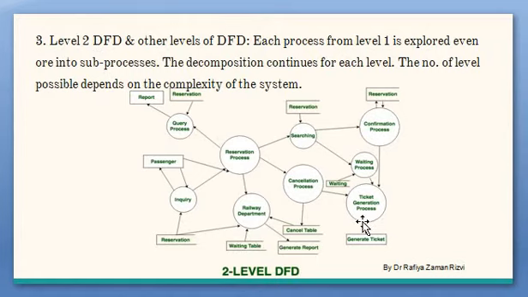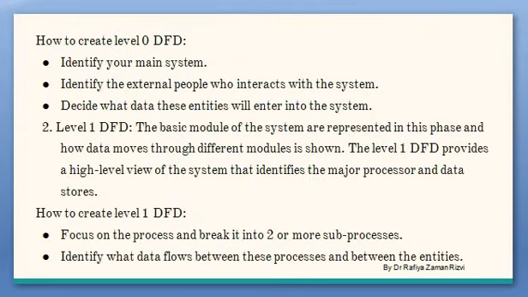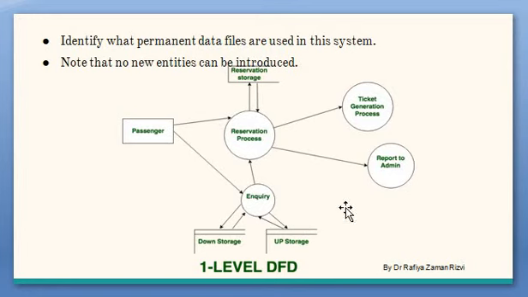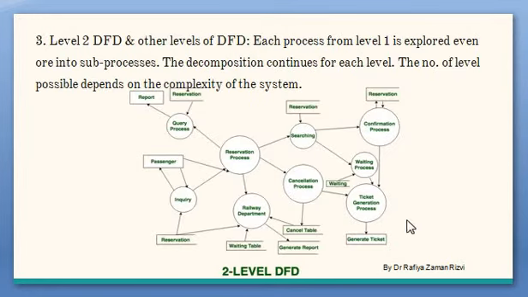So you can see visually also the difference between the 3 levels of DFD. You will see, like here this was the simplest form, okay, level 0. Then this became a little more complex, the level 1, and this is the most complex, level 2.